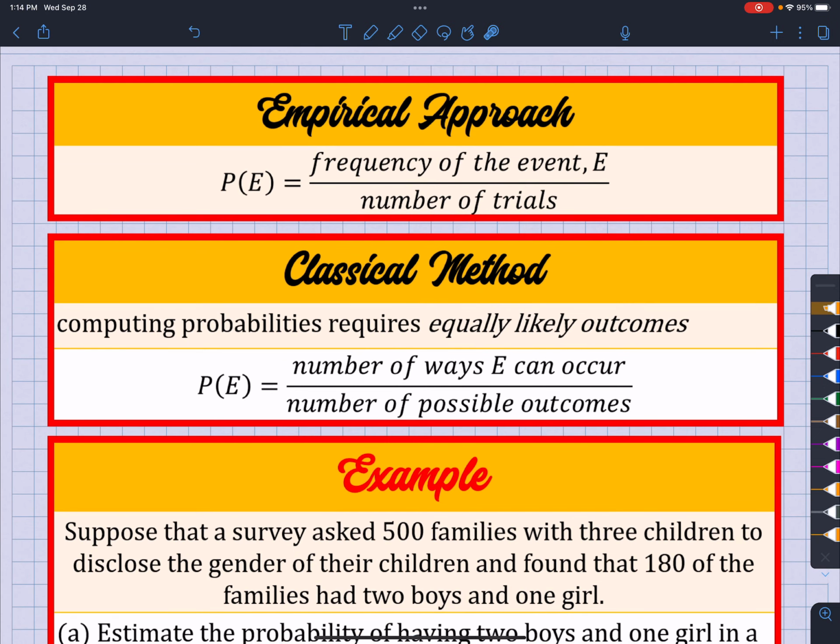So empirical approach versus the classical method. Instead of trying to explain it to you, because if you look at the formula, you will see that they're pretty much the same, and you're like, okay, so what's the difference? You just reworded it differently. Well, let's use the example and go through both ways, and this way you can see the difference between the empirical versus the classical.